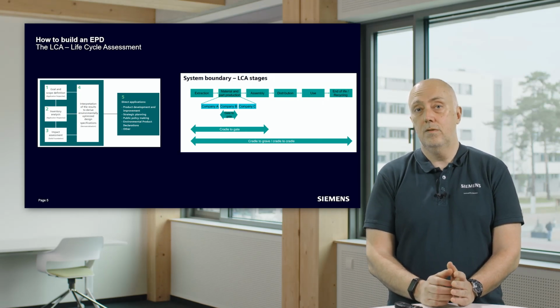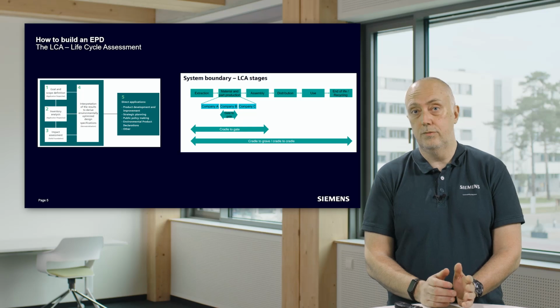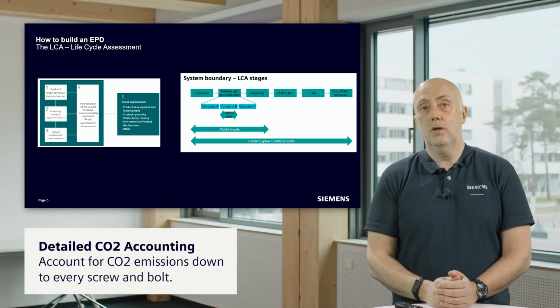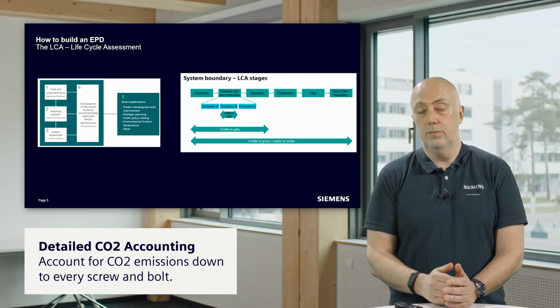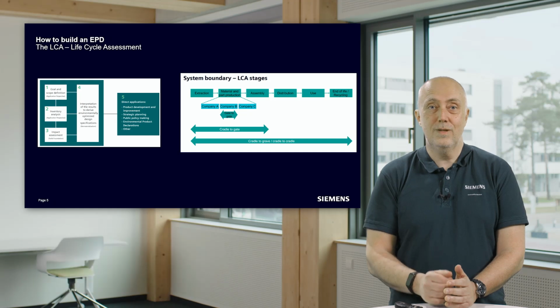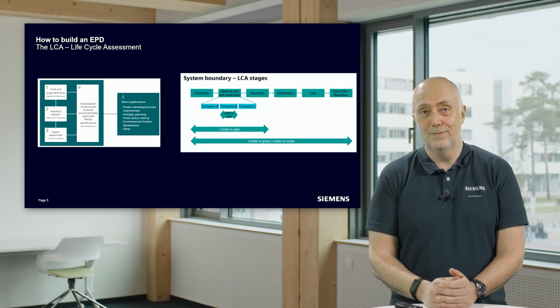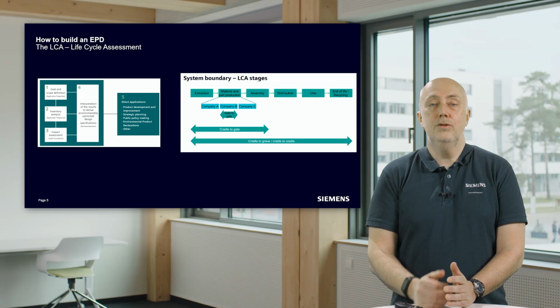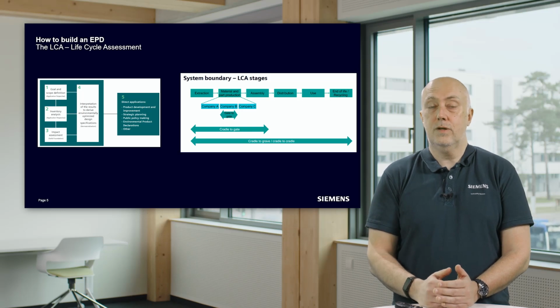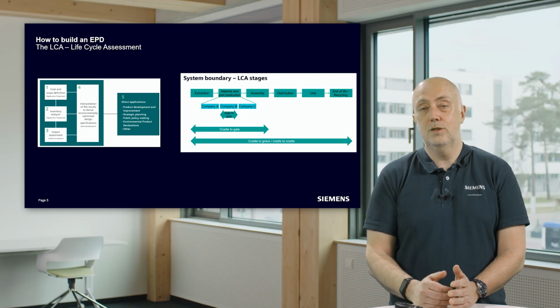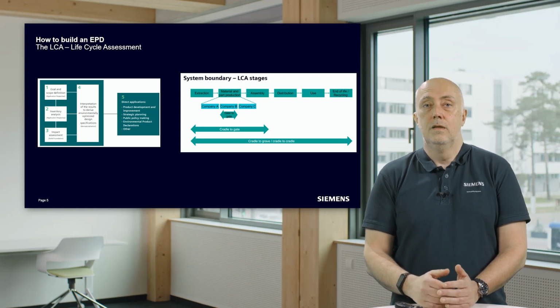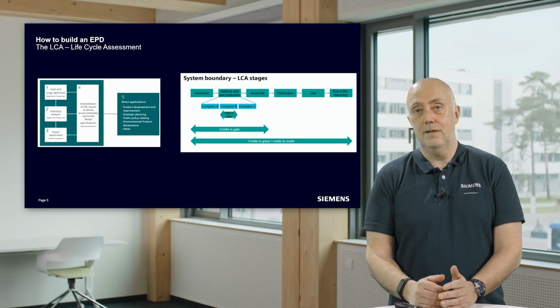We may have a very large number of suppliers for one product, and we need to account for the CO2e emission of every single component of the bill of materials, down to every single screw and nut. Additionally, we need also to account for the manufacturing process, including, for instance, every minute that we spend on the assembly line. As you can imagine, this is not an easy task.